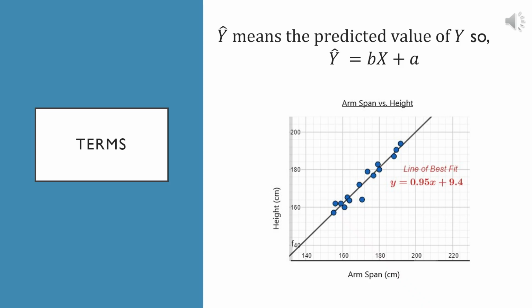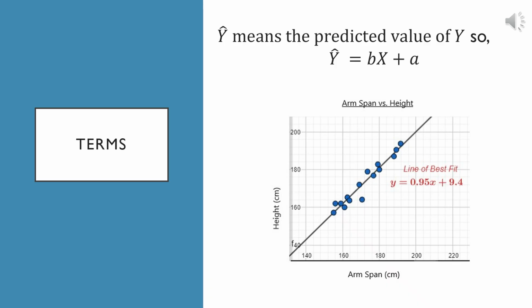But what this allows us to do is to say, well, what would I predict the y score to be if I know I have an x value of, let's say, 200 centimeters, an arm span of 200 centimeters? Well, the predicted height looks like 200 centimeters. You go over to the x-axis, 200.